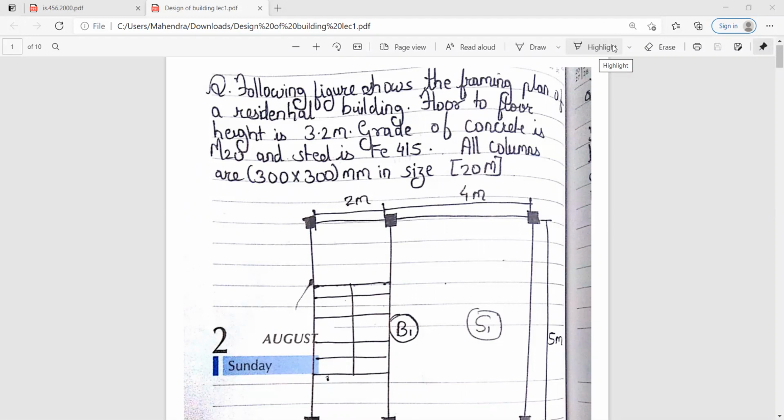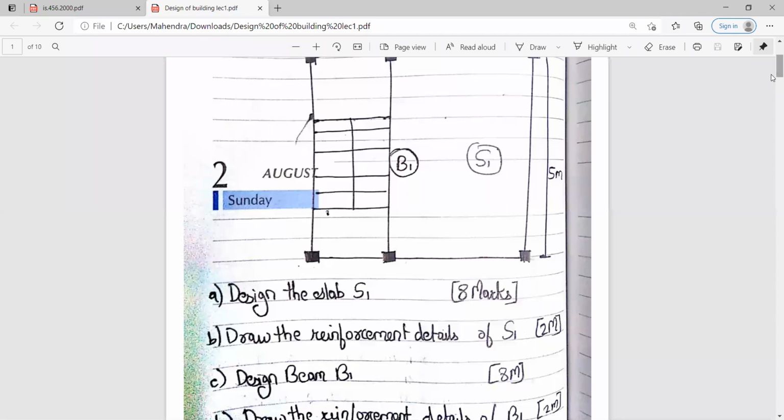Yes, completed the question. Should I scroll it down? Yes. Now draw this diagram.